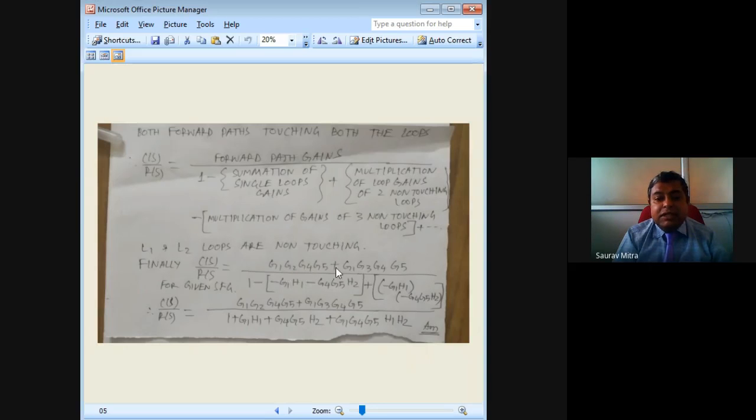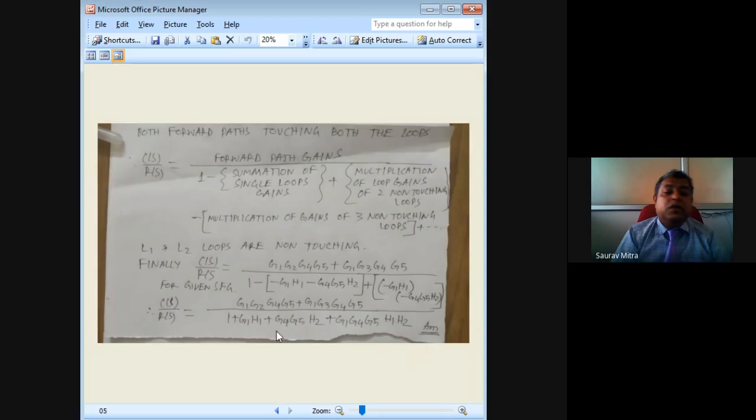So numerator is the addition of all the forward path gains, divided by denominator 1 minus single loop, this is single loop, their addition, plus the two non-touching loops multiplication of their gain, like this. And then the last line, C(s) by R(s) becomes G1 G2 G4 G5 plus G1 G3 G4 G5, and this minus minus becomes plus, this minus minus becomes plus, so this becomes 1 plus G1 H1 plus G4 G5 H2, plus of these two minus cancels each other, so G1 G4 G5 H1 H2.